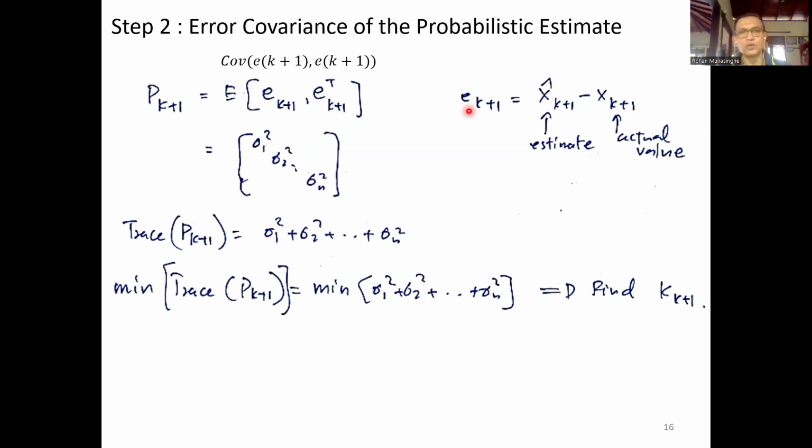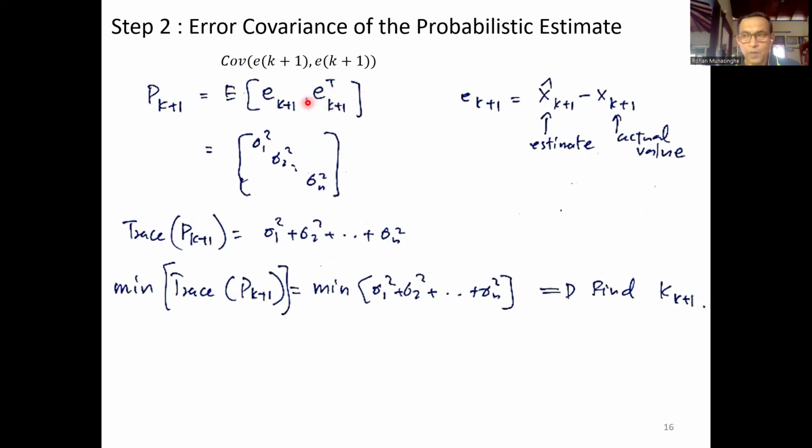So when you have this kind of error that is changing all the time, you want to get the expected value of the error to see over what kind of range it changes. So in linear algebra, we write it like this: expected value of E k plus 1, E transpose k plus 1.